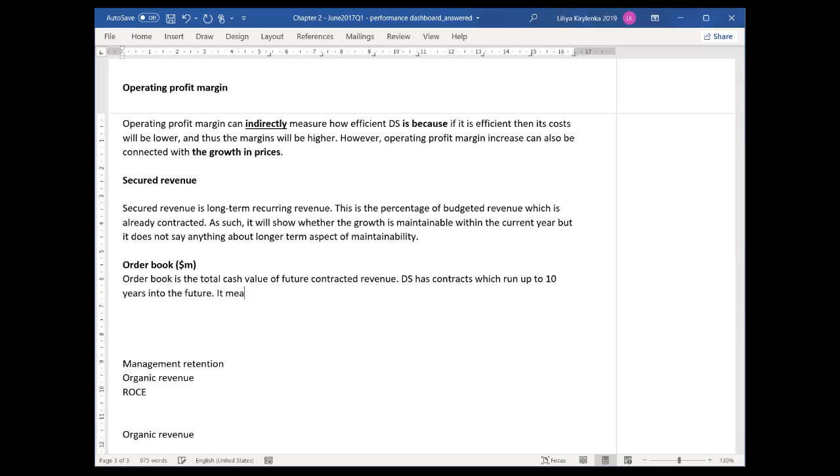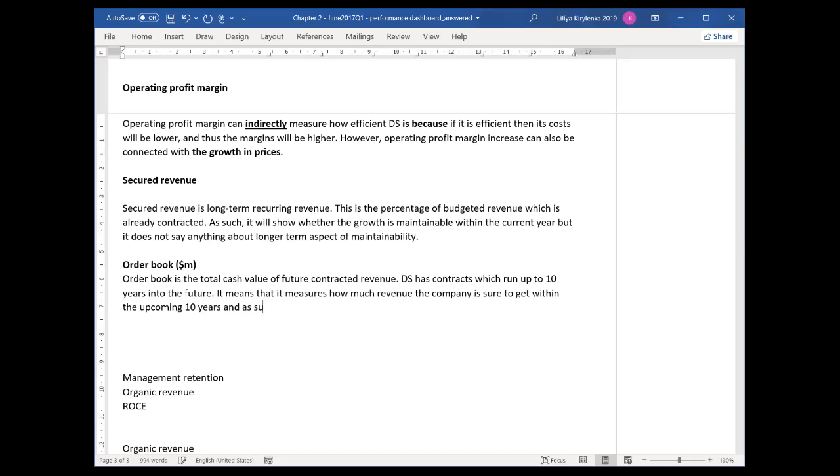So it means that it measures how much revenue the company will be able to get, how much revenue the company is sure to get within the upcoming 10 years.